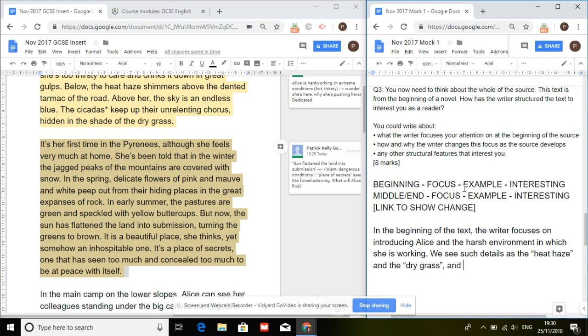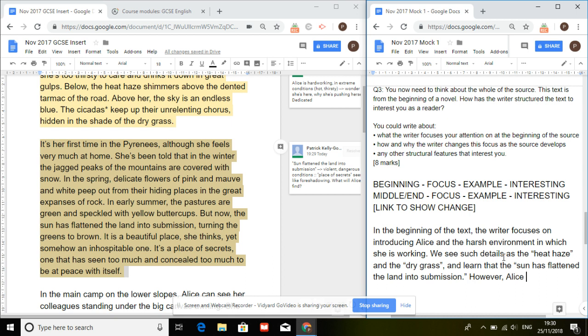And anything else about this? Maybe I can put in something about the sun flattening the land into submission, turning the greens to browns. However, Alice continues working through all this.